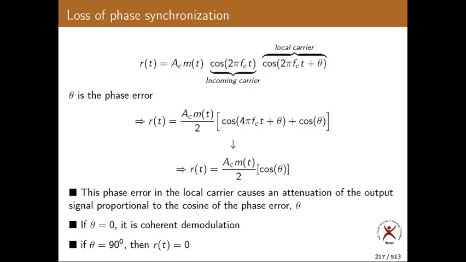So what do you mean by that? Suppose θ equals 90, then cos(2πf_c t + 90) becomes sin 2πf_c t. Correct? Plus or minus, leave it. So literally, at the modulator the carrier is cos 2πf_c t, and at the demodulator the carrier is sin 2πf_c t.